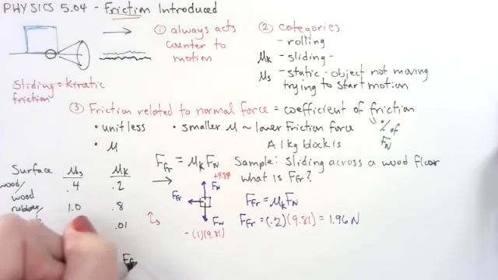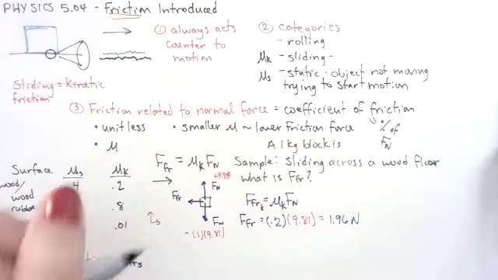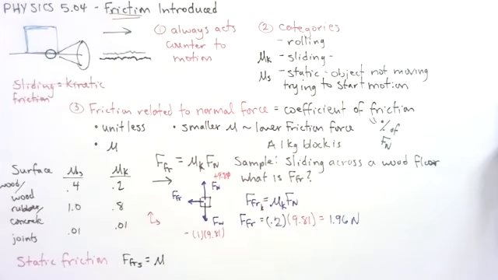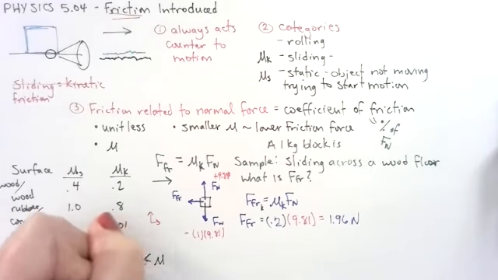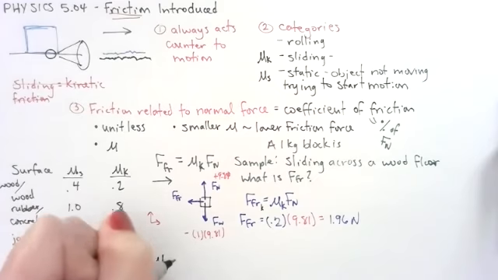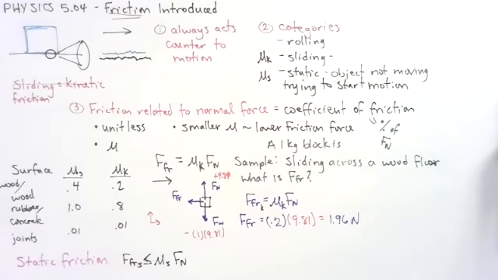So I've got my force of friction static, and I should probably add a kinetic up here, is less than or equal to the coefficient of static friction times the normal force. And this is what we need to talk about. What's up with this less than or equal to?